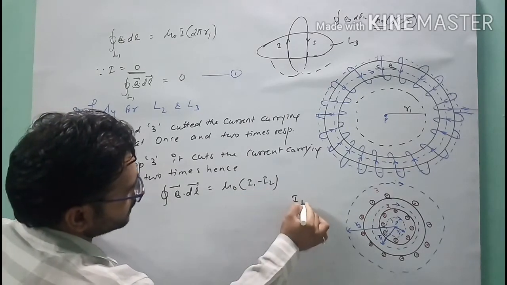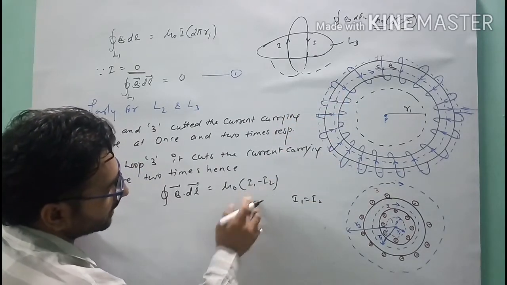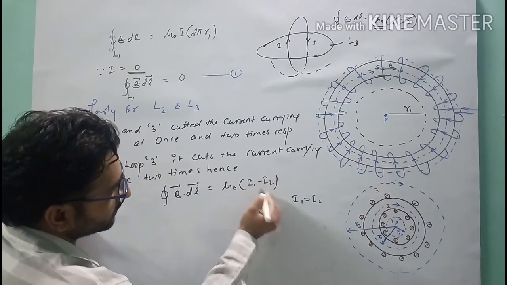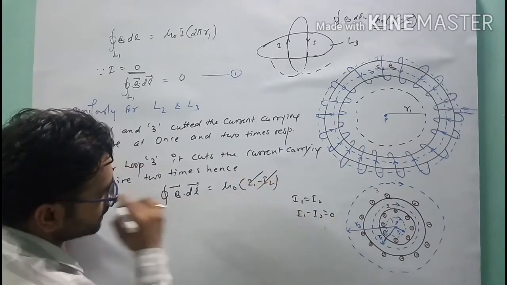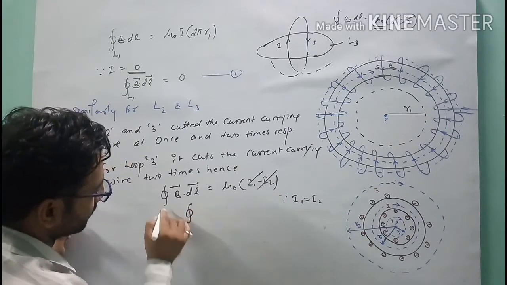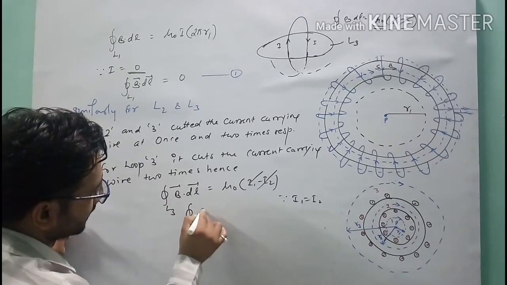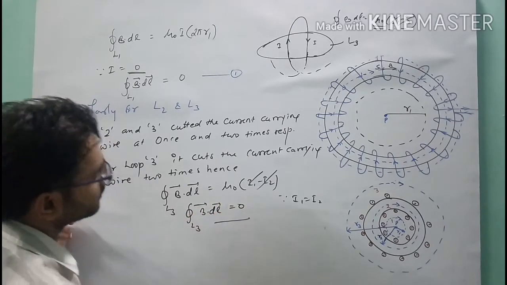I1 and I2 both are the same because a single current is flowing through the given circle. So I1 and I2 are equal, and their difference I1 minus I2 is 0. So this will cancel out because they both are equal. So here for loop 3 we can write B dot dl is equal to 0 again.